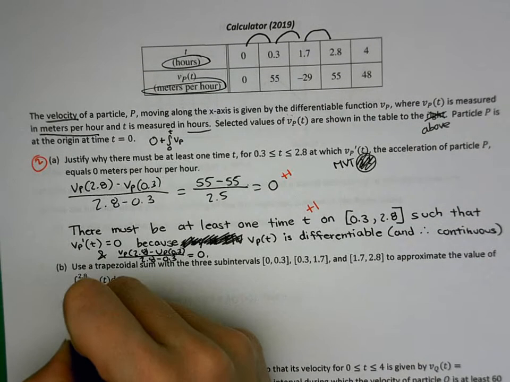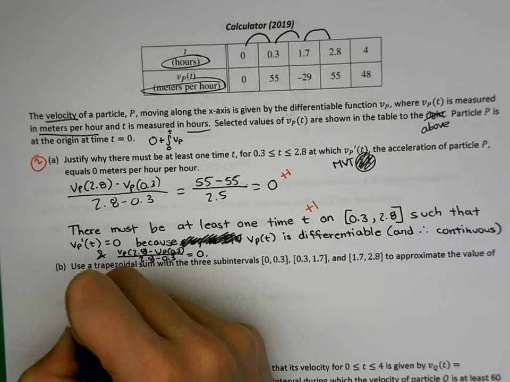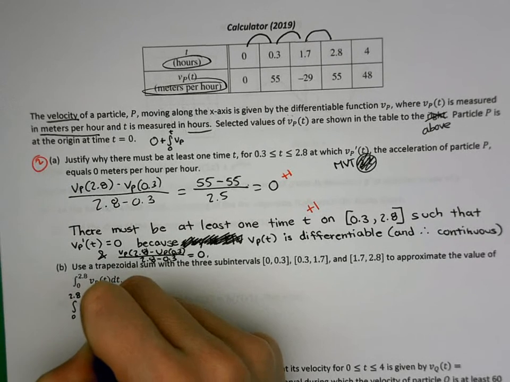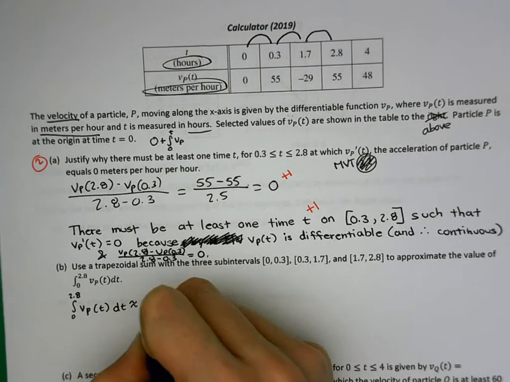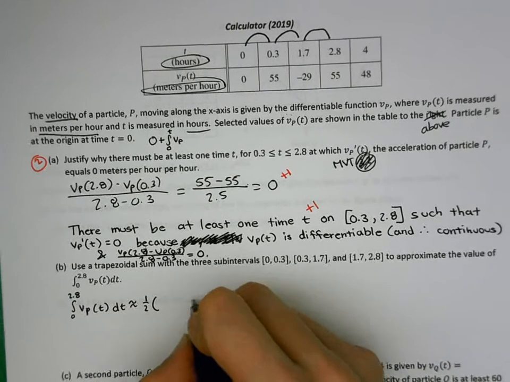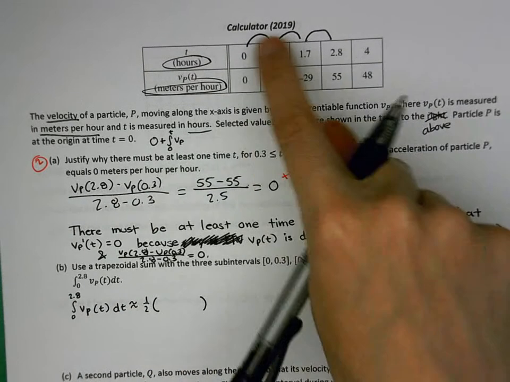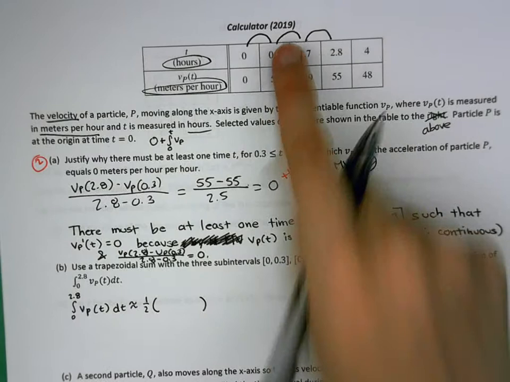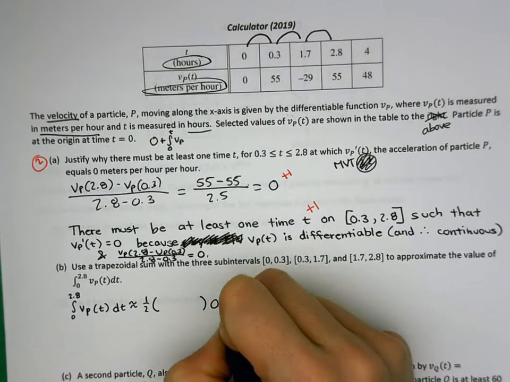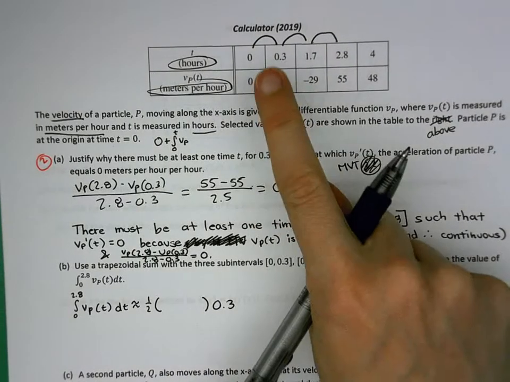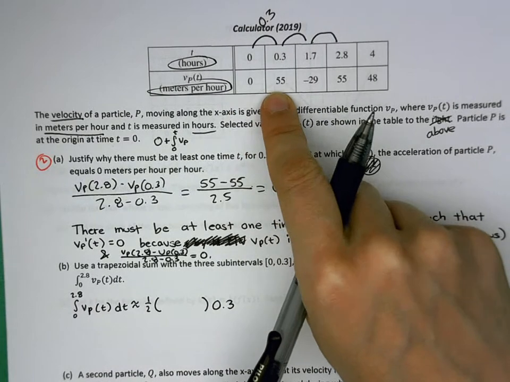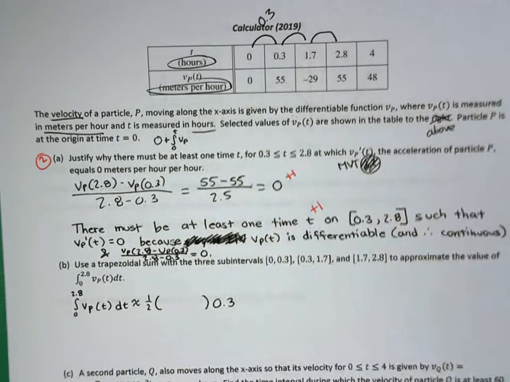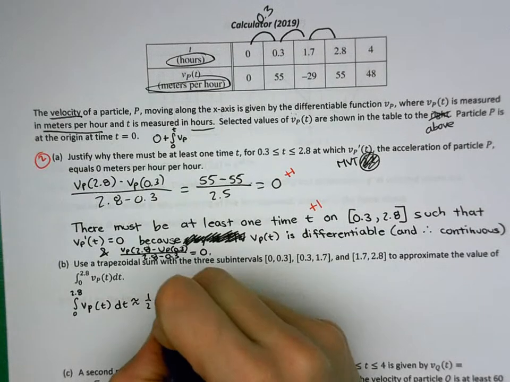So this integral from 0 to 2.8 of v sub p of t dt is approximately, since we're doing a trapezoidal sum, 1/2. Your change in this first subinterval, 0 to 0.3, is 0.3. If it was a left hand, you'd do the left value, 0. If it was a right hand, you'd do the right value, 55. It's a trapezoidal, so we do both, 55 and 0.